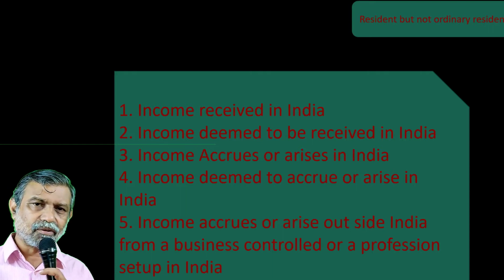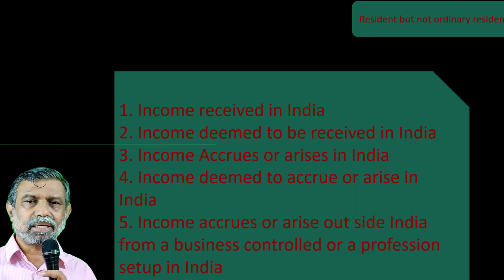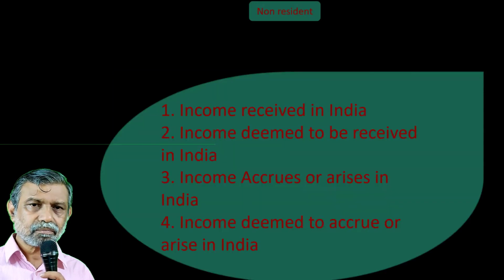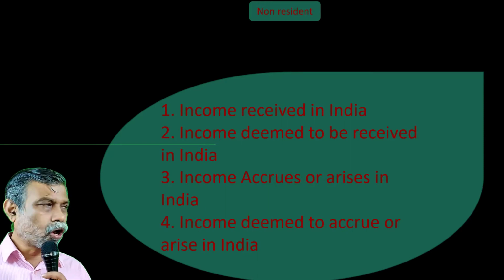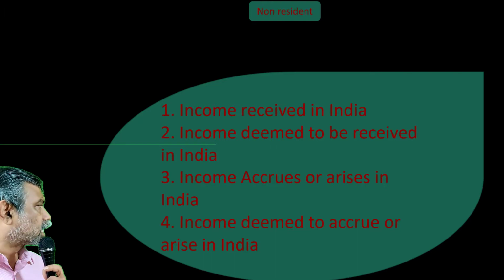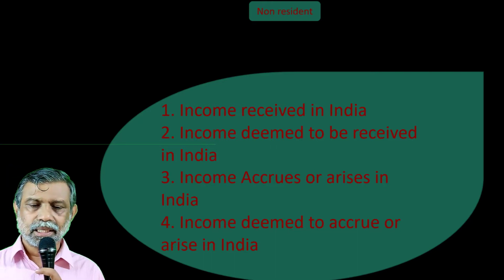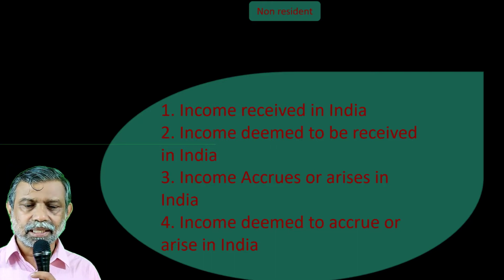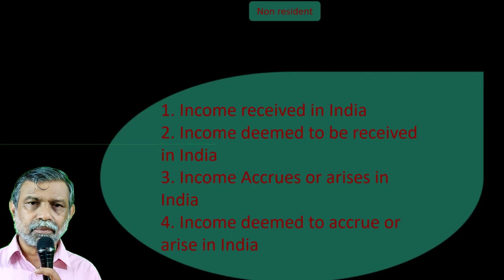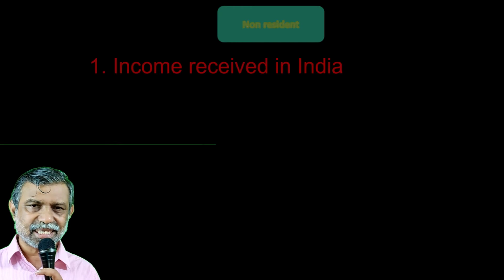These five incomes are taxable in the hands of a resident but not ordinarily resident. But if you are a non-resident, four incomes are taxable: income received in India, income deemed to be received in India, income accrues or arises in India, income deemed to accrue or arise in India. Only Indian income is put to tax in this case.